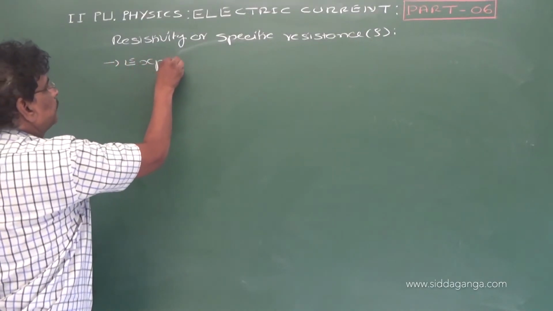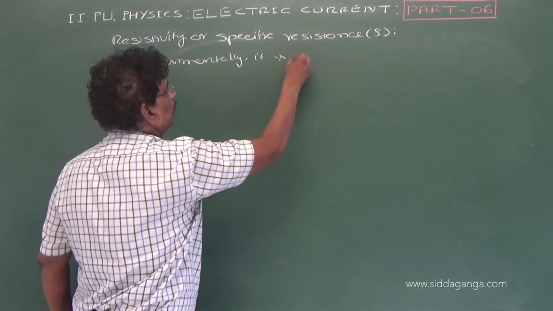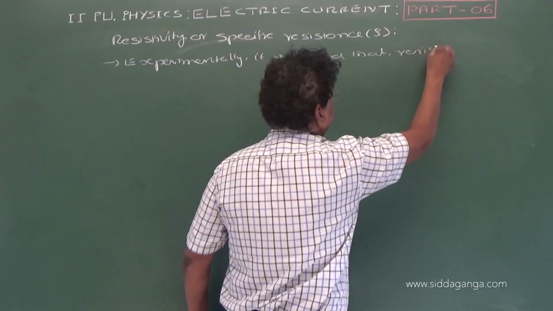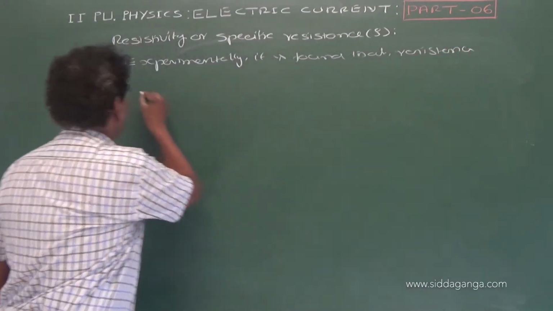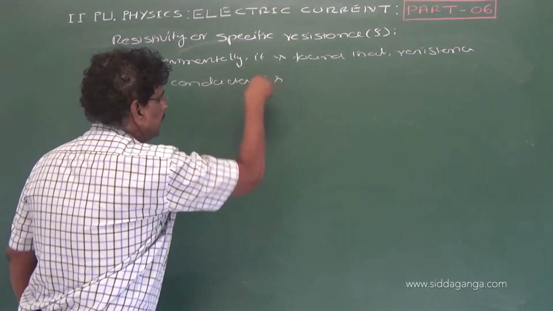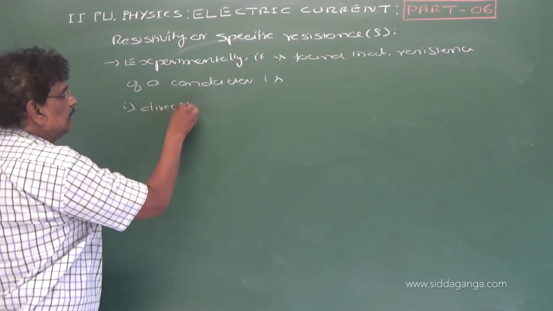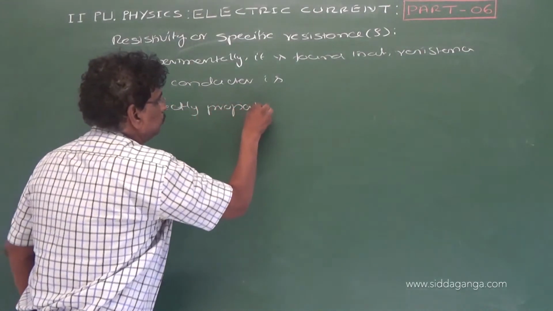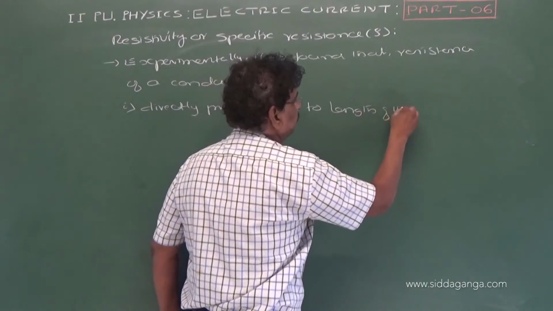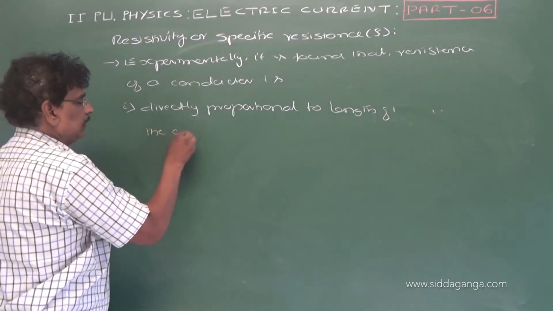So experimentally, it is found that the resistance of a conductor is, number one, directly proportional to the length of the conductor.